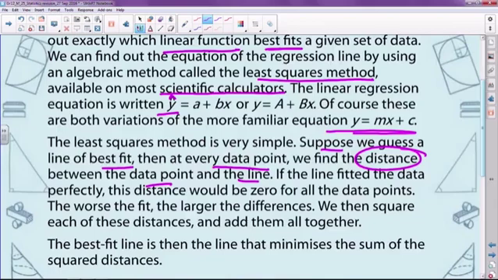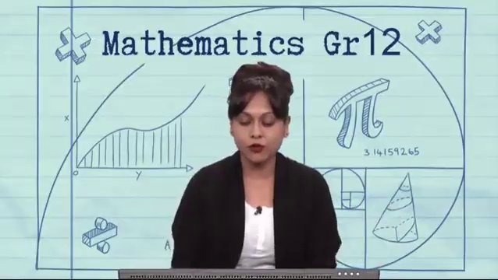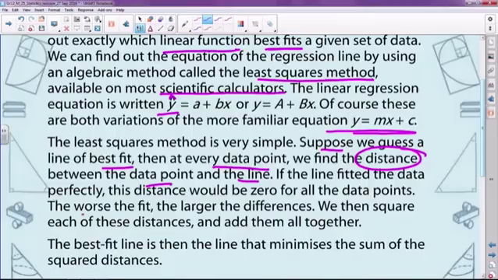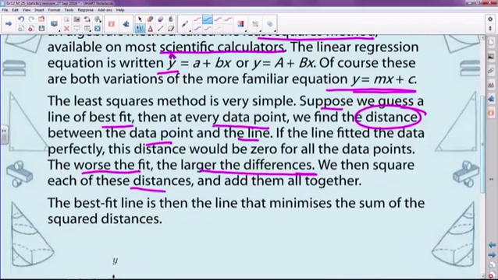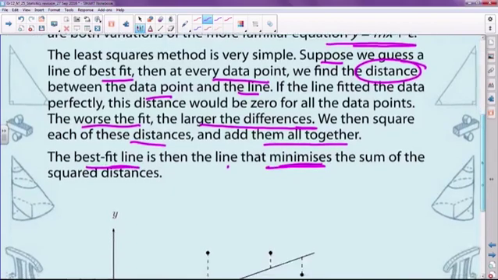Therefore, the distance between the point and the line would be 0 for all the data points. However, the worse the fit, the larger the differences get. We then square each of these distances and add them all together.